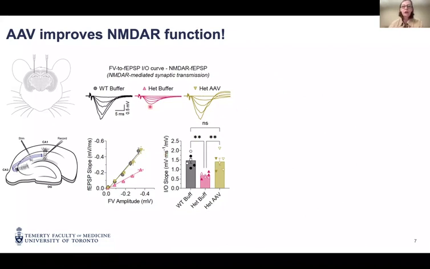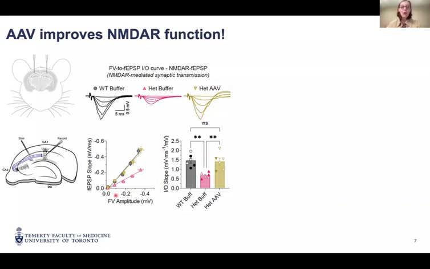So here's what we're showing you: when you stimulate with different intensities, you get more and more of a response. In the heterozygous animals, the Q536Rs, there's a diminished response with this electrical activation. And with the application of this AAV, we actually see this restored back to wild type levels.